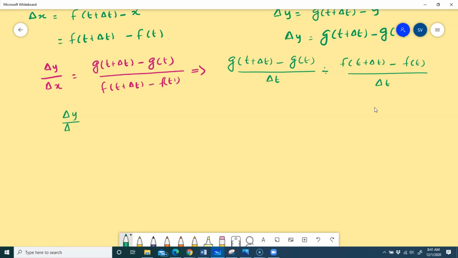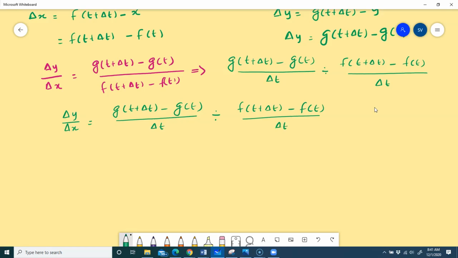Delta y over delta x is equal to g of t plus delta t minus g of t over delta t, divided by f of t plus delta t minus f of t over delta t. Now we are going to apply our previous knowledge of limits. If you look at the function on the right side, you can see that delta t is the decision maker. With respect to delta t, the whole function will change.